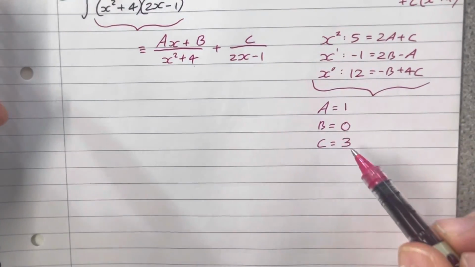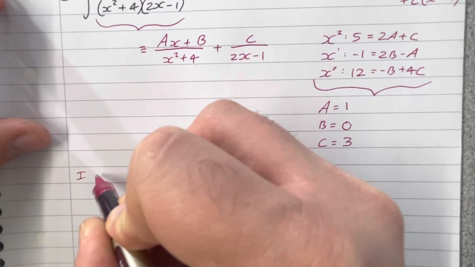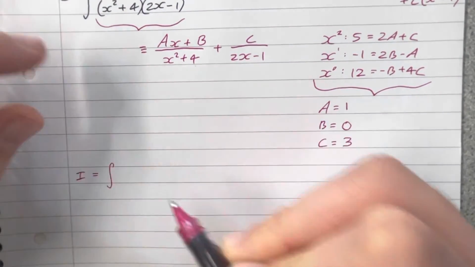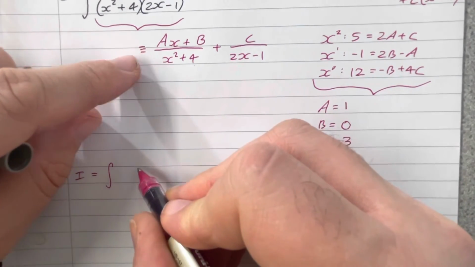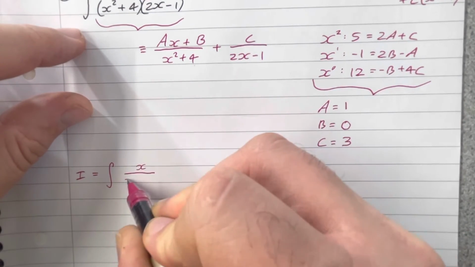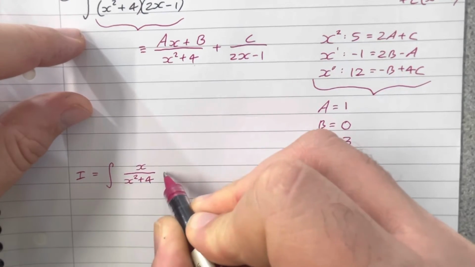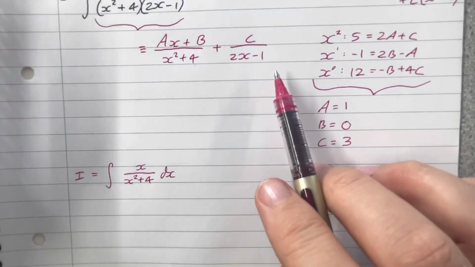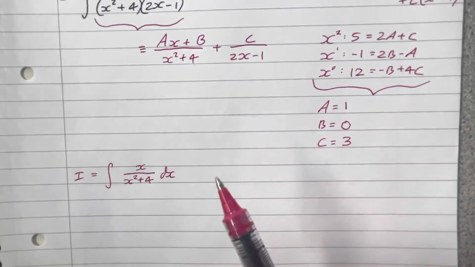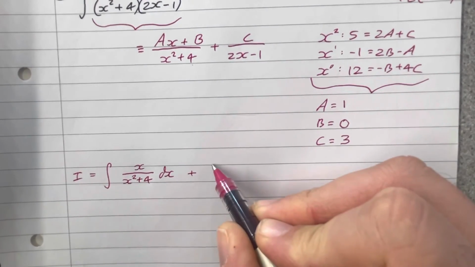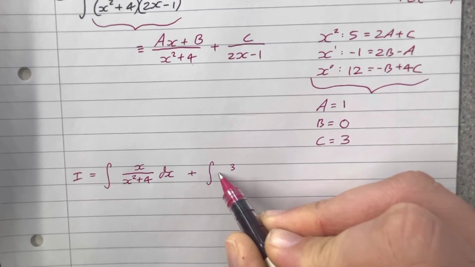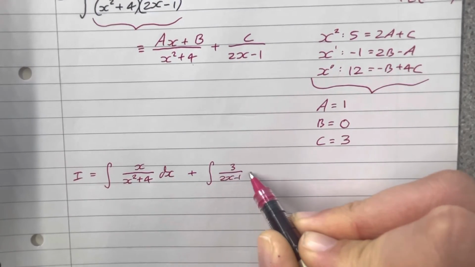Right, so now I've got those 3, I'm actually going to integrate ax plus b, but a was 1 and b was 0, so that's just x divided by x squared plus 4 dx, plus c over 2x minus 1, but c was 3, so that's plus the integral of 3 over 2x minus 1 dx.